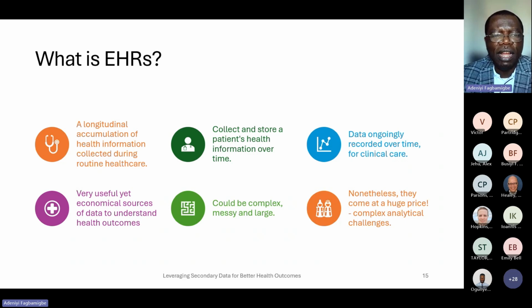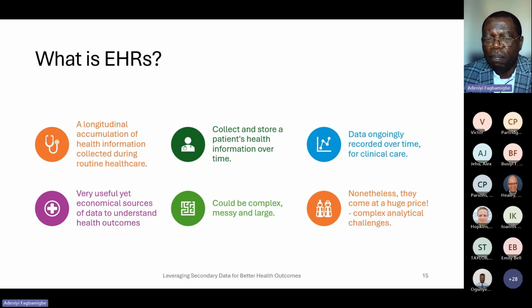So what are EHRs? They are longitudinal accumulations of health information collected during healthcare routine. They are basically hospital and GP related data about individuals that are seeking help. Very useful, yet economical sources of data to understand health outcomes.